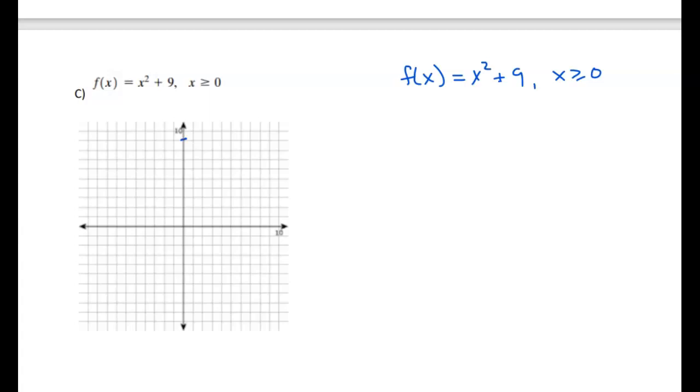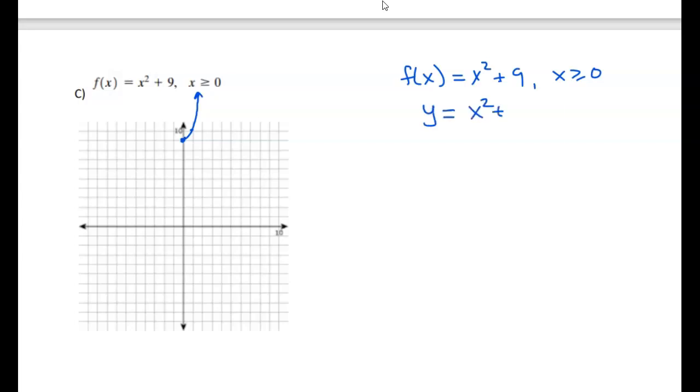All right, so we have x squared plus 9 is a parabola, right, that's shifted vertically 9 units. Okay, we want x is bigger than 0, which means we don't want this part. We just want the positive part. Okay, so we're looking at this.